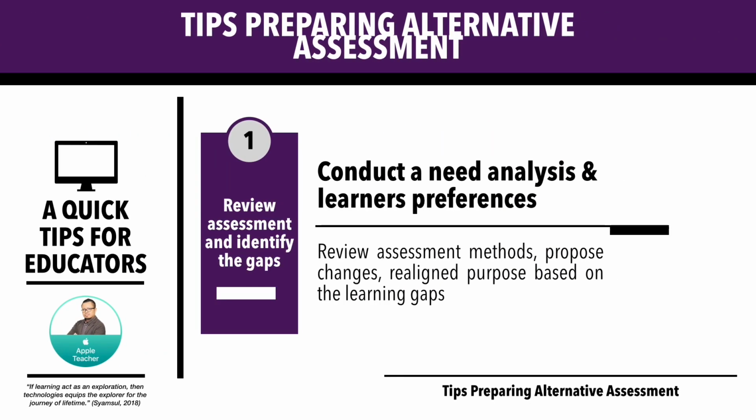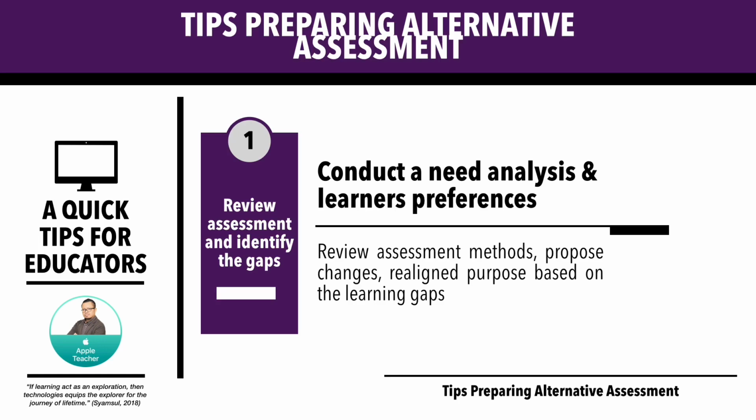Okay, we start with element number 1, review assessment and identify the gap. As educators, conducting needs analysis and learner preferences is very important and crucial for each of us.